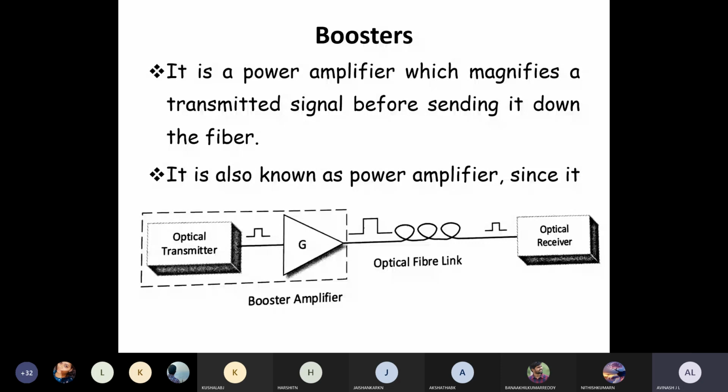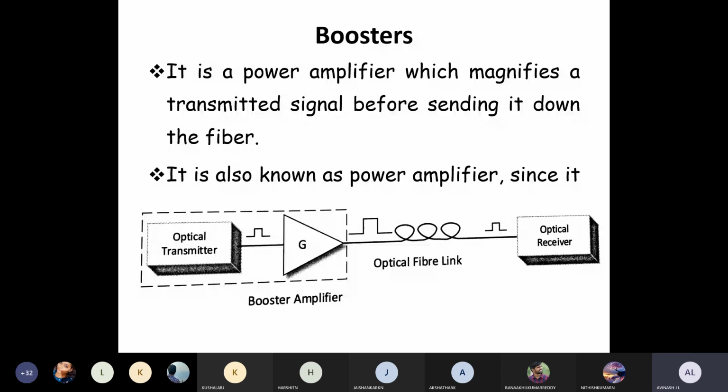From the diagram itself, we can see properly and judge that the inline amplifier is placed in the middle. Why is there a requirement of placing the amplifier in the middle?